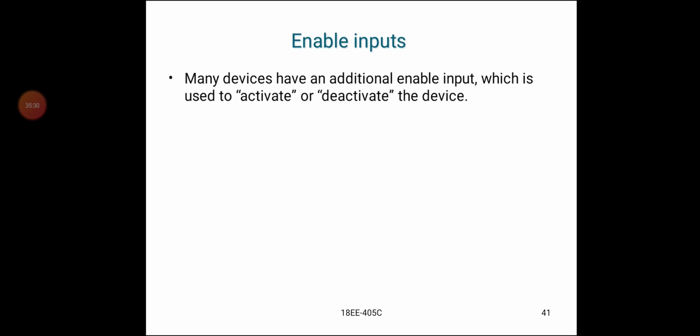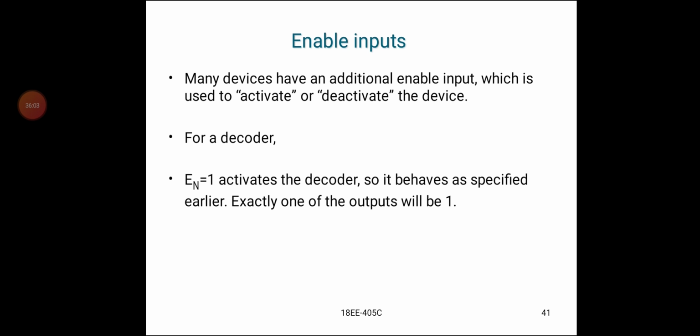Enable inputs. Many devices have an additional enable input which is used to activate or deactivate the device. An enable input is used whenever a circuit has many similar devices, in order to activate or deactivate the concerned device. By using the enable input we can activate the devices.